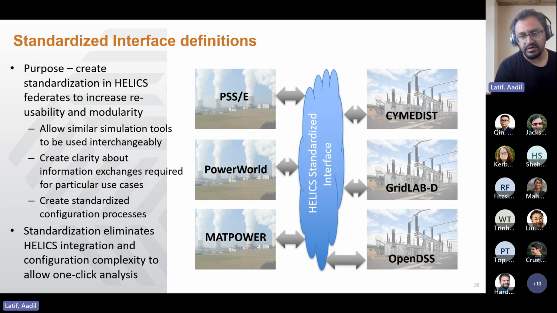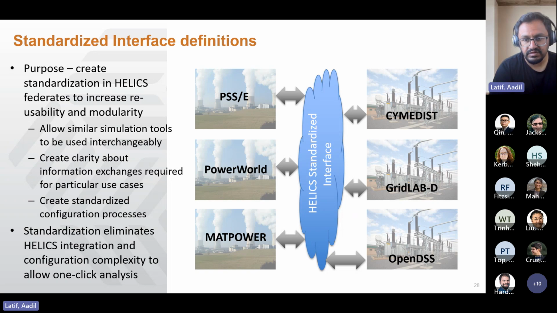One final piece that we've worked on for the last couple of years is standardizing the interfaces. I've talked about multiple subdomains, but what I haven't talked about is the different simulators that exist for a particular subdomain. If we take an example of one subdomain, say the distribution network, we've got many different vendors and many different simulators.